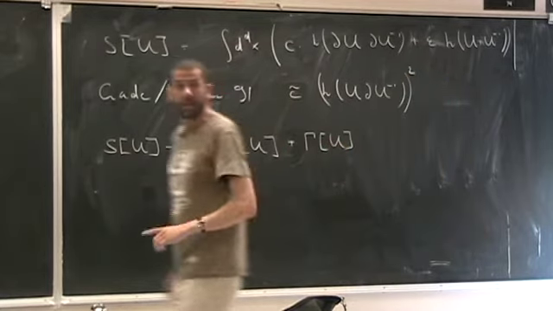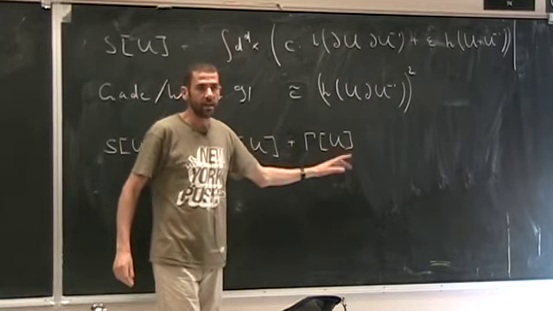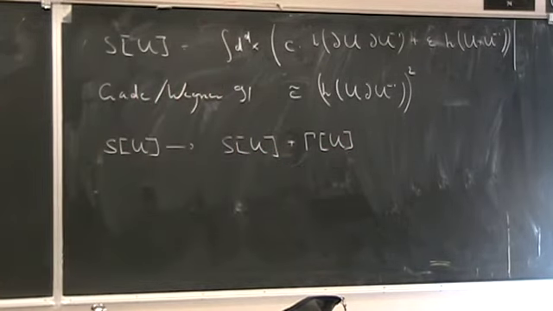Now, in view of the time, I will not write this term here. It's in the notes. But let me just tell you what the story behind this term is.